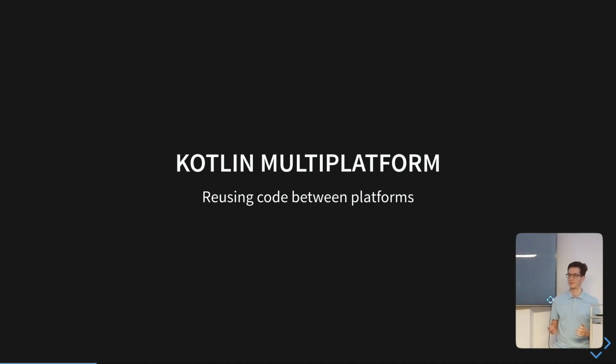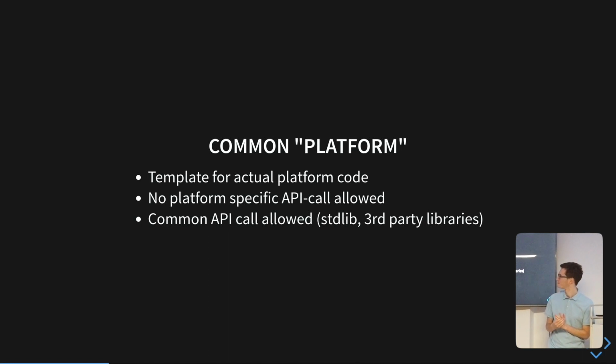It's an experimental toolset which is in development by JetBrains, and the way it works is kind of inventing a new platform, even a new language, which is called the common platform. It is basically a template for how the platform-specific code would look like.